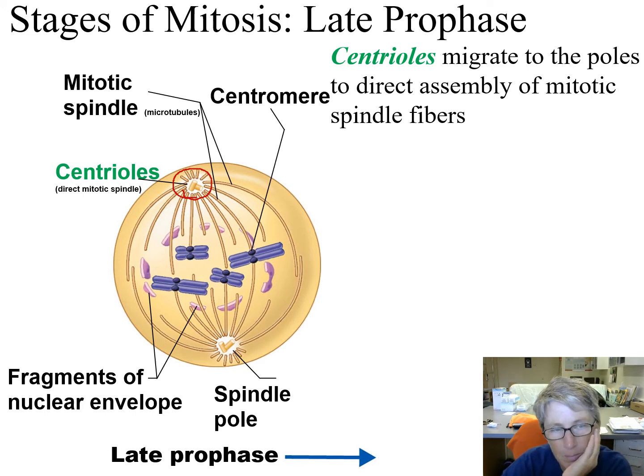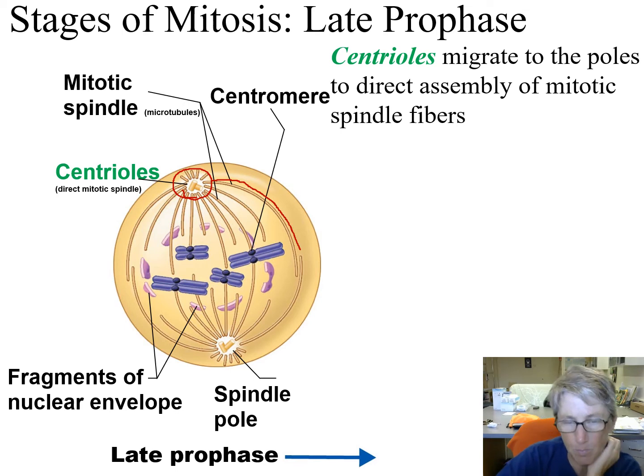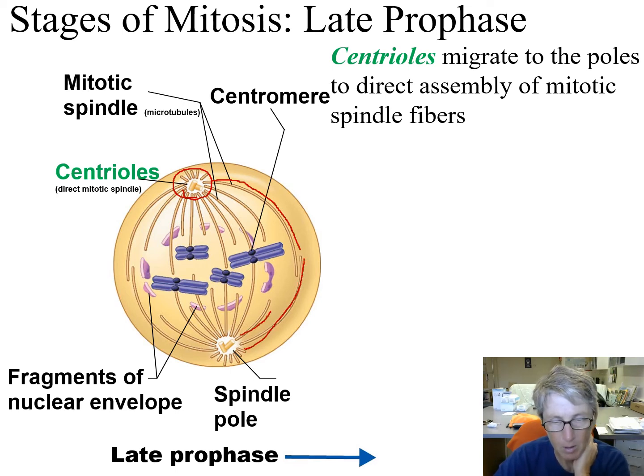Within the mitotic spindle, you have these things called microtubules, and we looked at those when we did some basic cell biology. So here are the microtubules. The microtubules are extending out from the centrioles, and the microtubules within the mitotic spindle are attaching here at these centromeres, and the centromeres are holding the sister chromatids together.